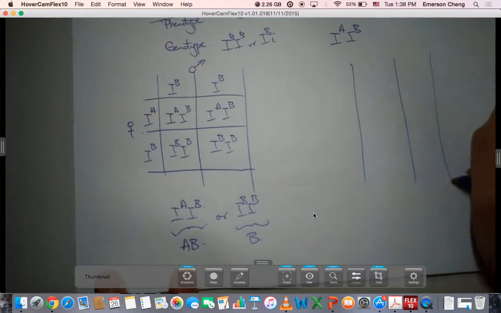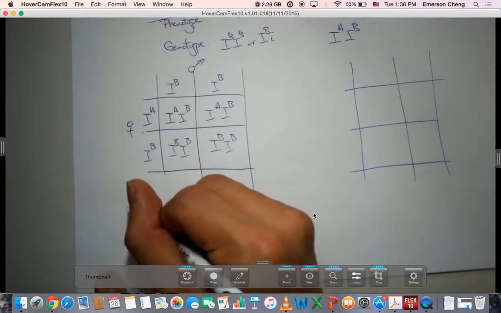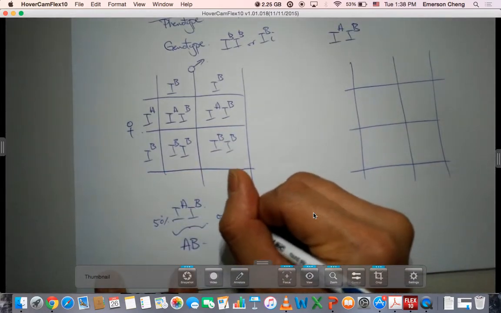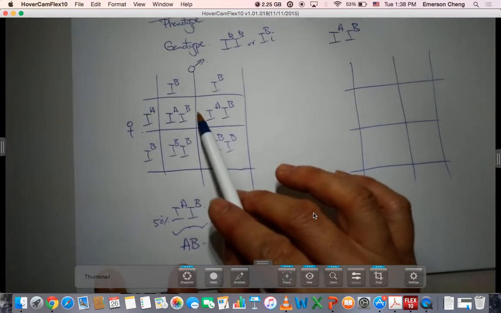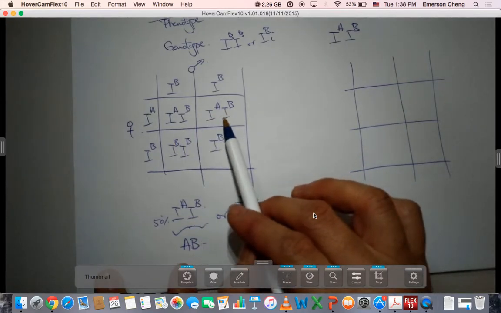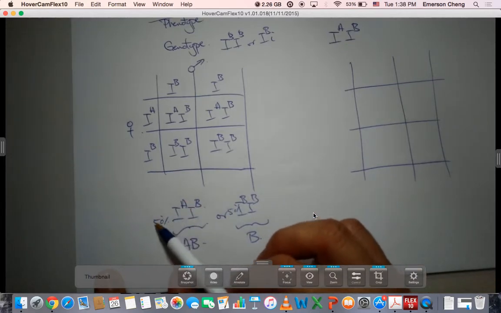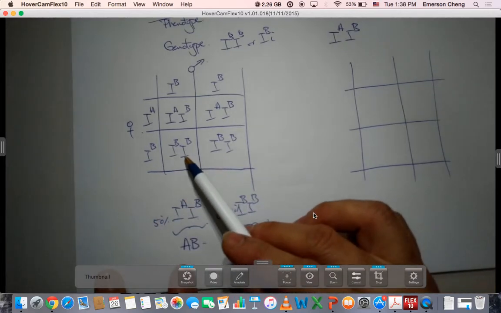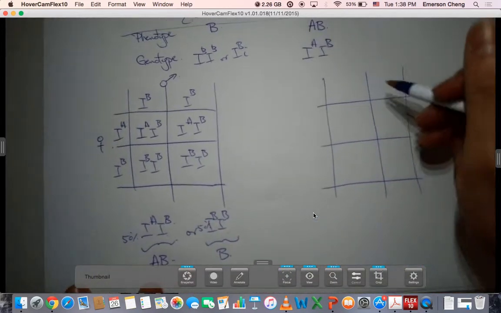Also, in this case, you have a 50-50 chance, because out of these 4 boxes, 2 of them are IAIB, so it's 2 out of 4, 50% chance. And 2 out of 4 are IB, so it's 50% chance.